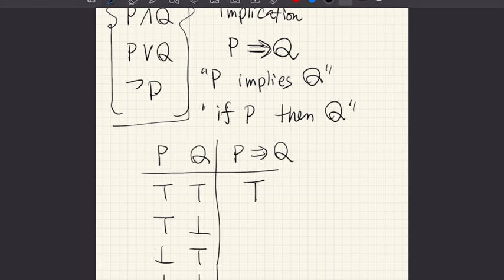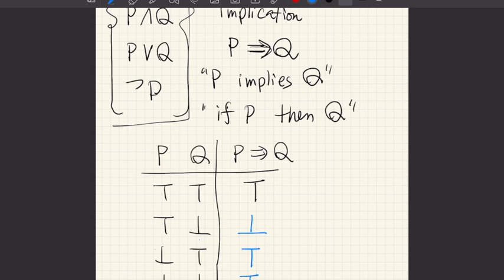When P is true and Q is false, then P implies Q should be false. When P is false and Q is true, what do you think this is? This is actually true. And same for this. False, false, then it's true.